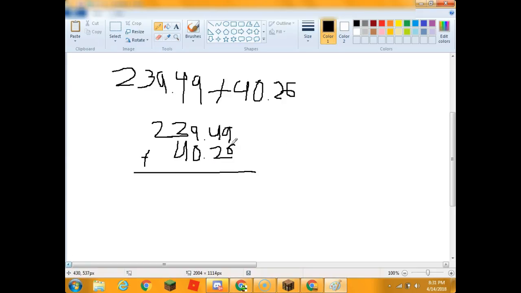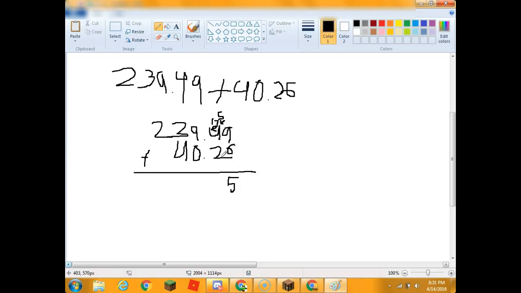What's 6 plus 9? Of course, it's 15, but you put the 5 and then you add the 1 up here, which is another tenth. So let's add it to this, which makes 5.